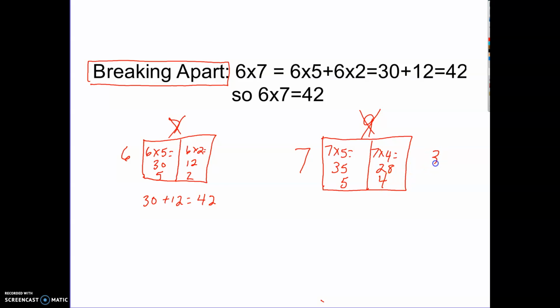I'm going to take my 35 and my 28 and add those together, and I'm going to get 63. So that means that 9 times 7 equals 63. So the break apart strategy, it's a really fun one to do to help you figure out multiplication facts.